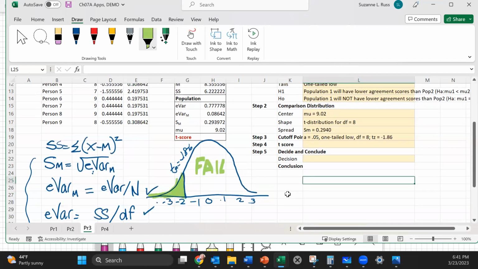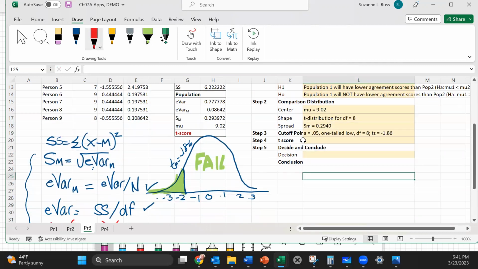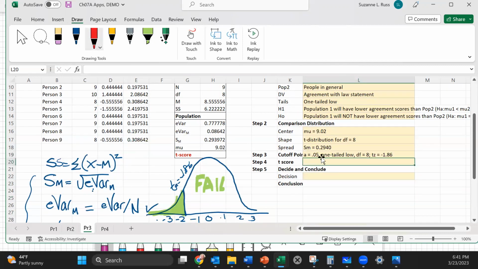And our t-score, I'll put the formula here. Oh no, I think I'll put it in red. T equals M minus mu divided by standard deviation for the distribution of means. So we can calculate this formula right here.